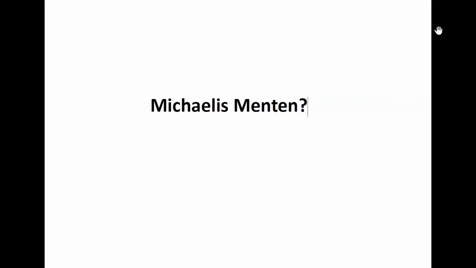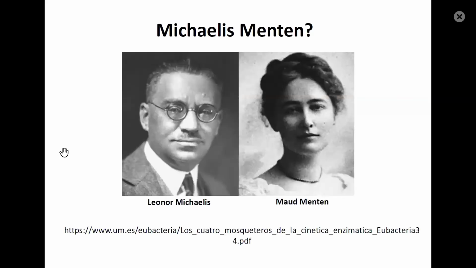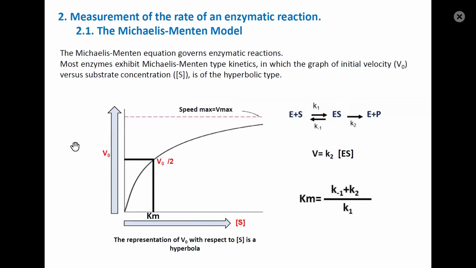So the next thing is the Michaelis Menten model. This is Michaelis and this is Menten, and they are the ones who developed the Michaelis Menten equation. The Michaelis Menten equation governs enzymatic reactions, and most enzymes exhibit Michaelis Menten type kinetics, in which we plot the initial velocity V naught against substrate concentration.